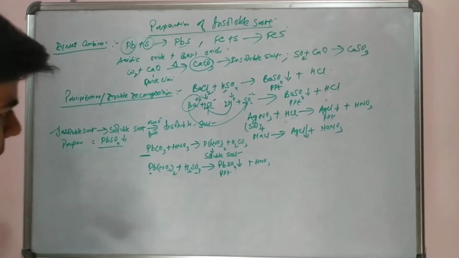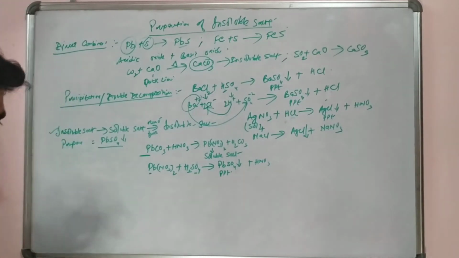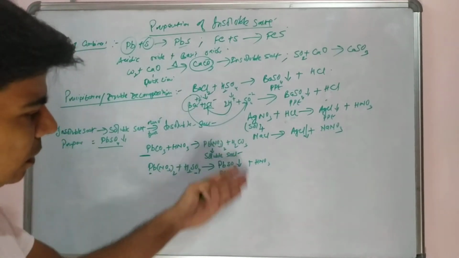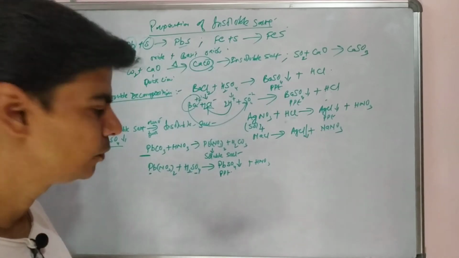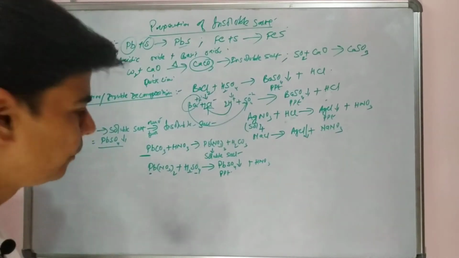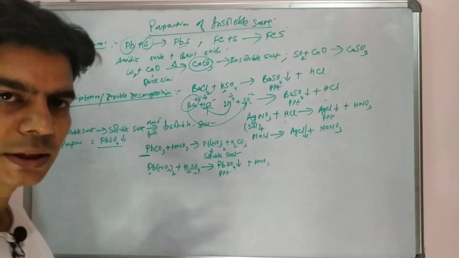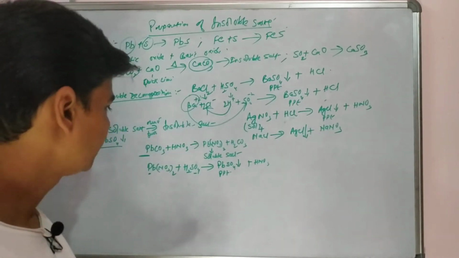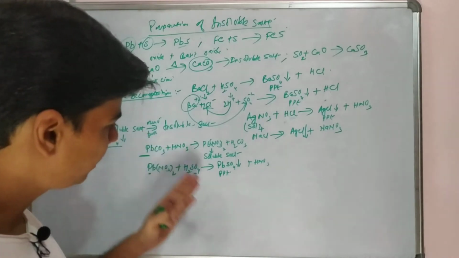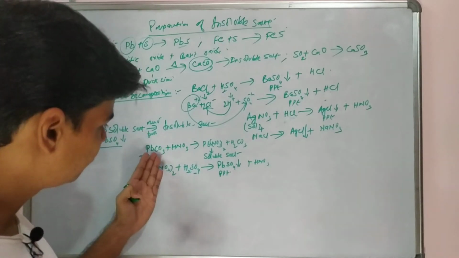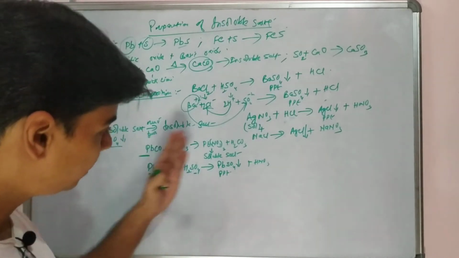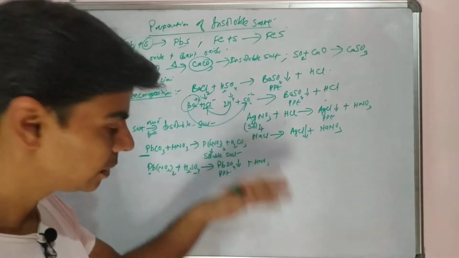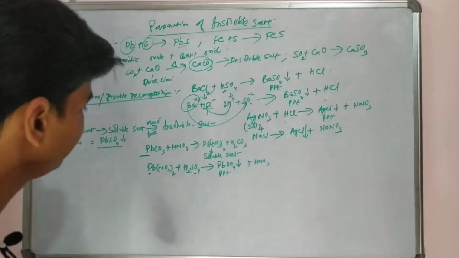So let's see why we could not directly prepare lead sulfate starting with lead carbonate. Let's try to prepare lead sulfate from lead carbonate without first converting it into a soluble salt.